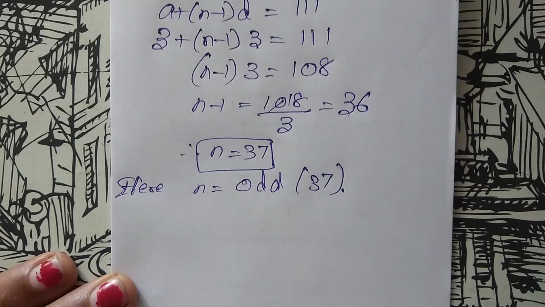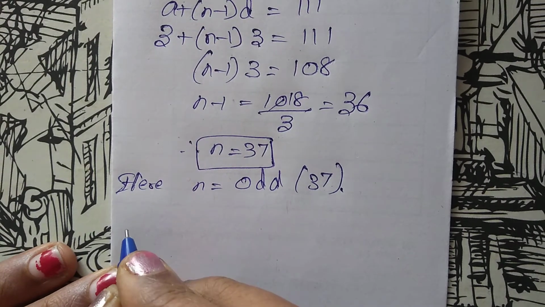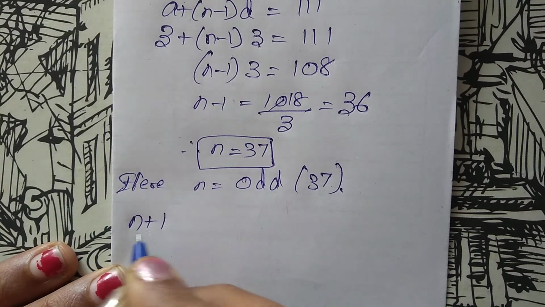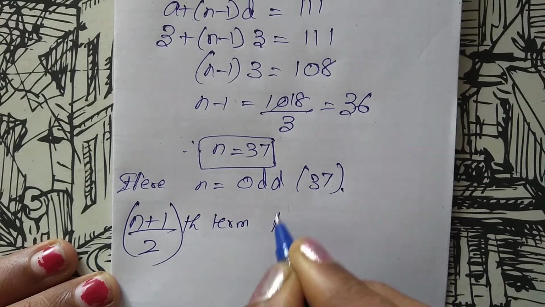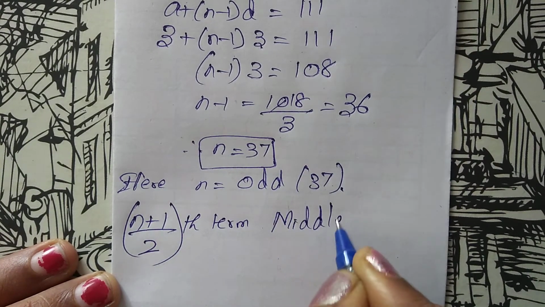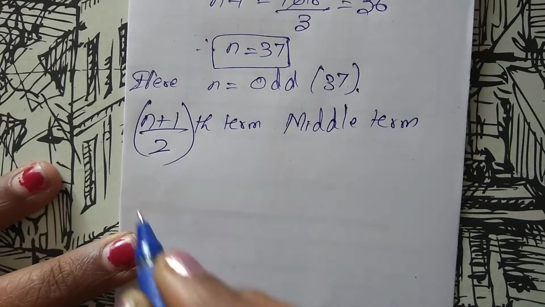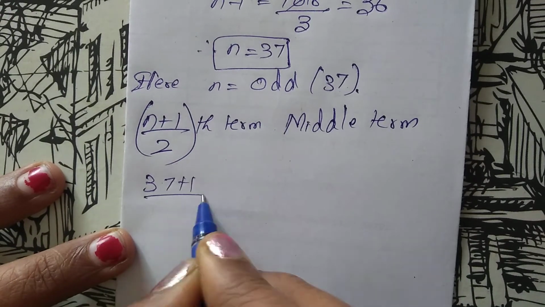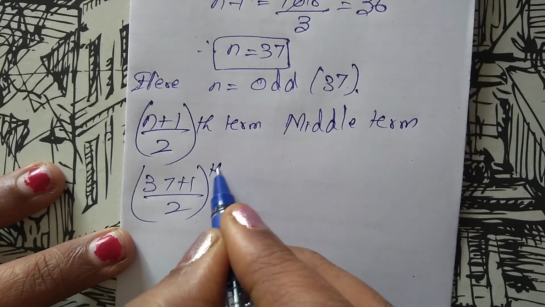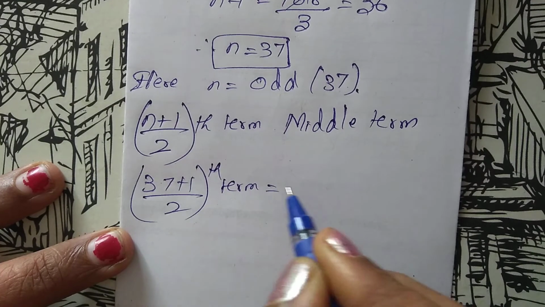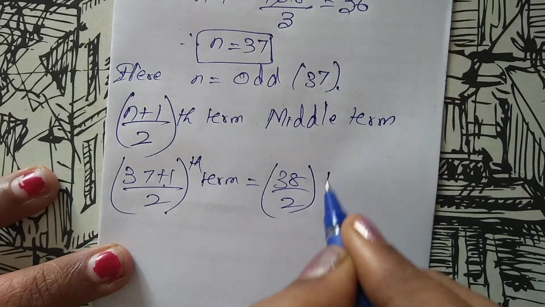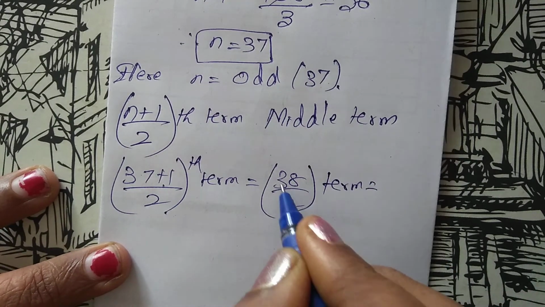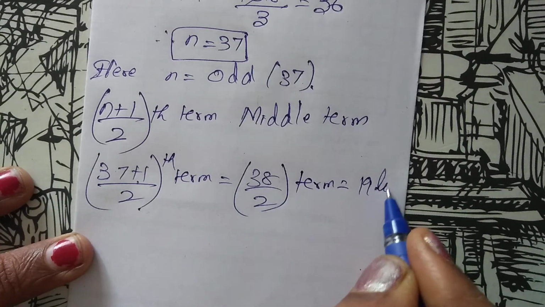So when n is odd, we have the n plus 1 by 2 term as the middle term. That is 37 plus 1 by 2, that is 38 by 2. 38 by 2 is what? 19th term.